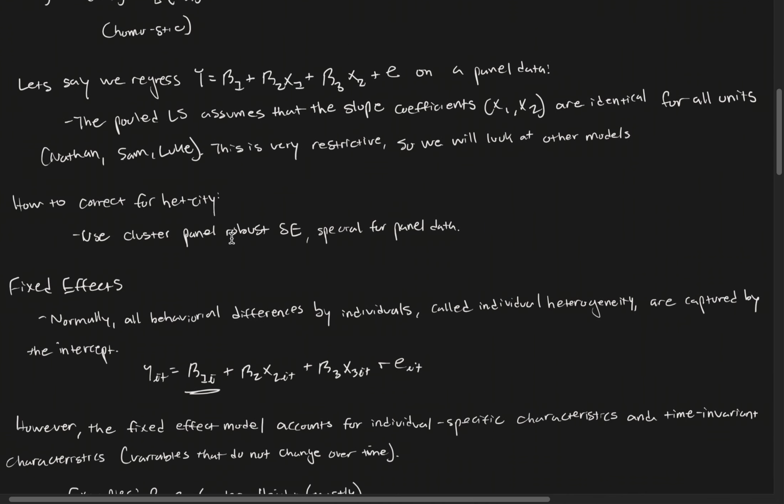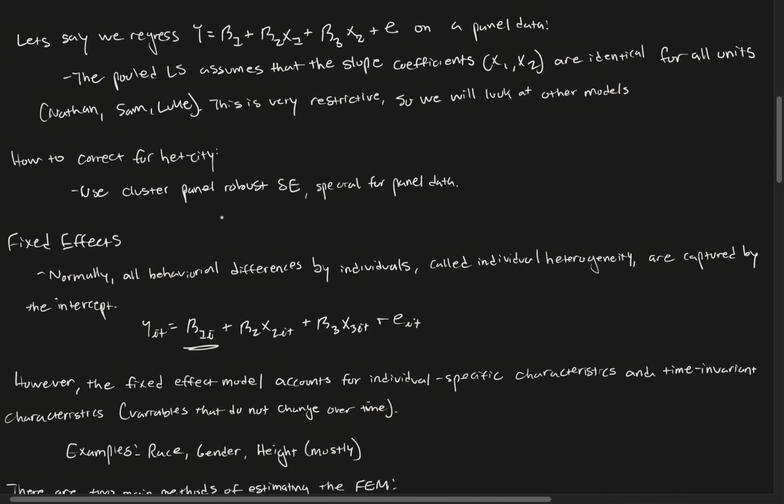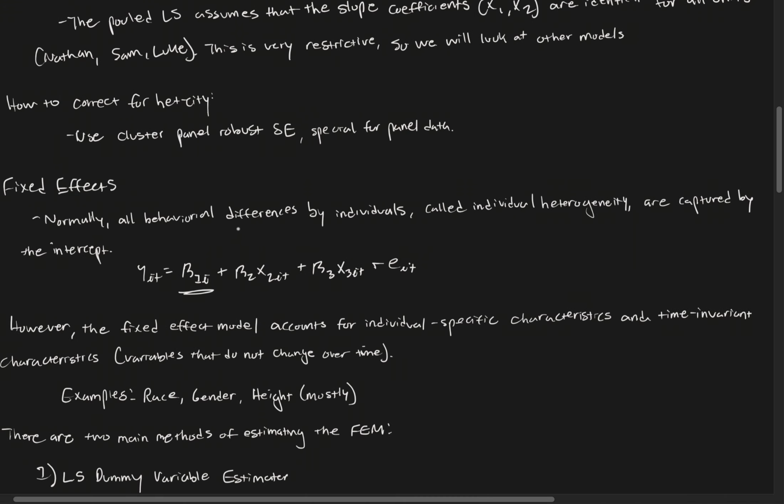All right, so now we get to alternative methods of the pooled regression. What we call a fixed effect captures the individual or behavioral differences, what we call individual heterogeneity.